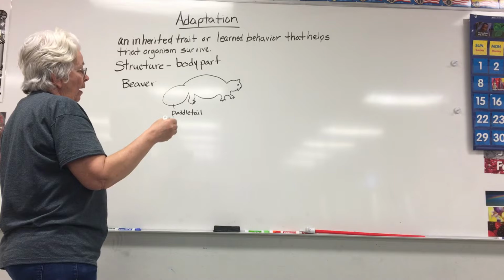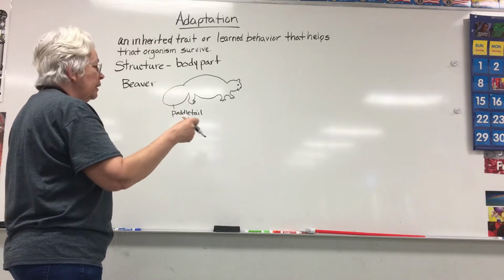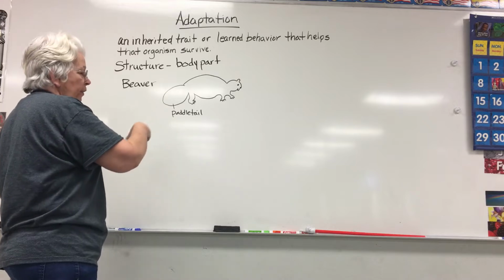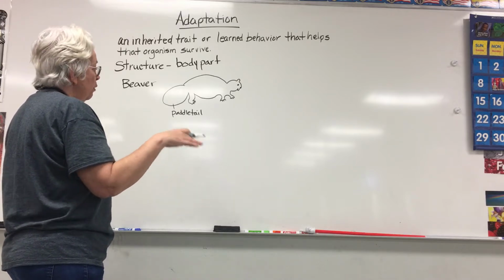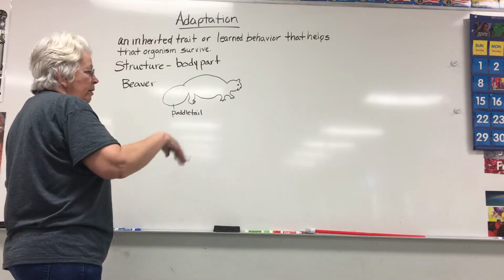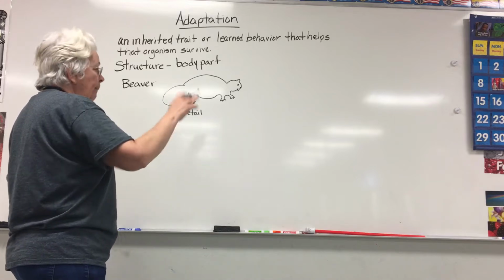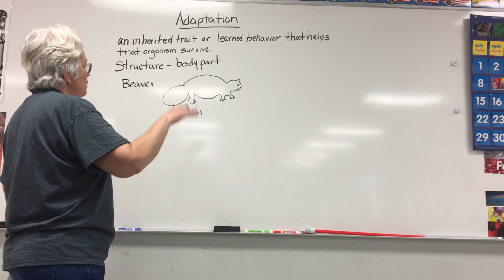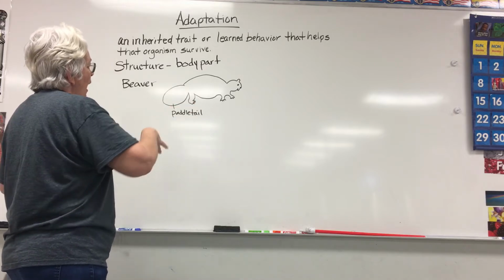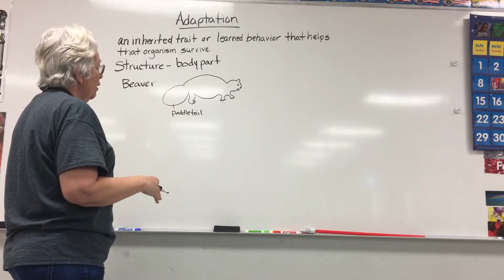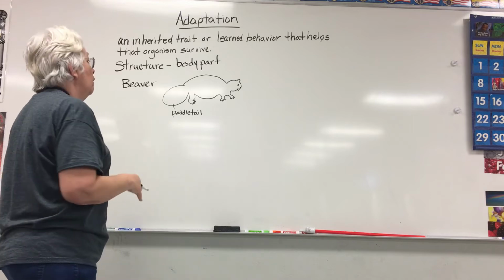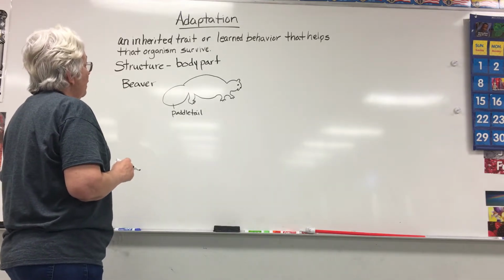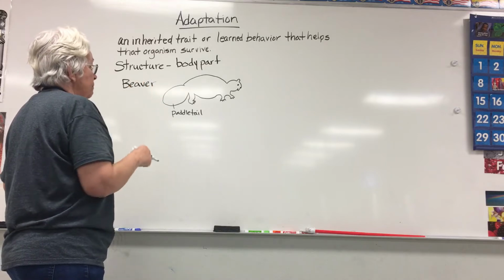So he drags his little twigs and his trees and the mud that he carries in his mouth, and he drags it over to build either his home or his dam, and he uses that paddle tail like a paddle to press down the dirt or the leaves or the twigs or the trees to make it sturdier. Okay, so that's the first known feature or a structure of this beaver that is an adaptation.